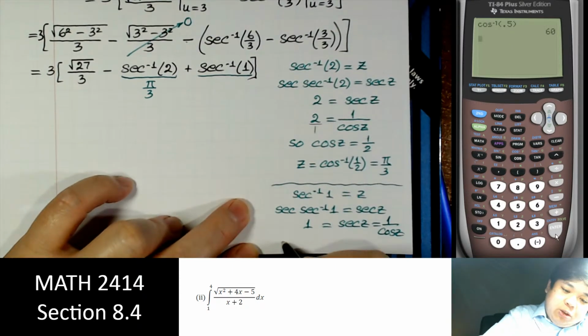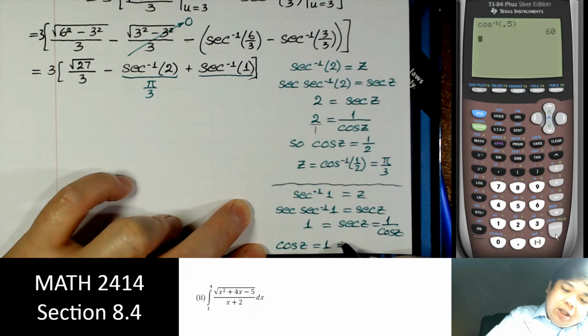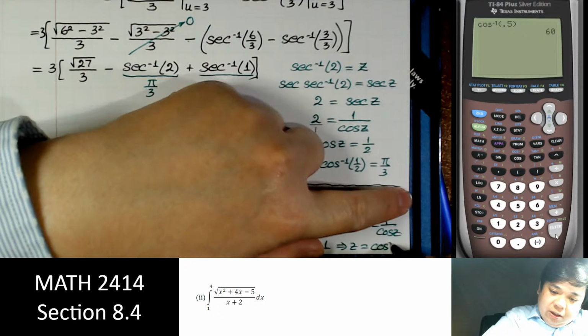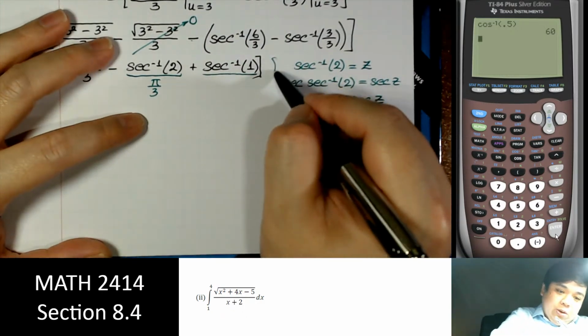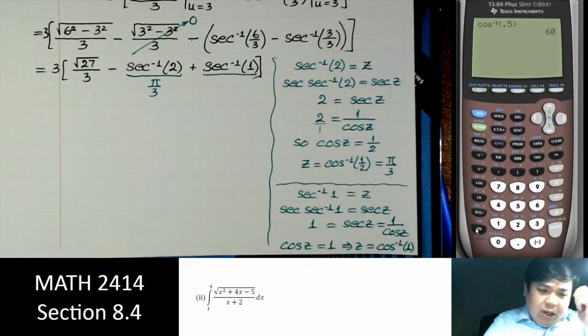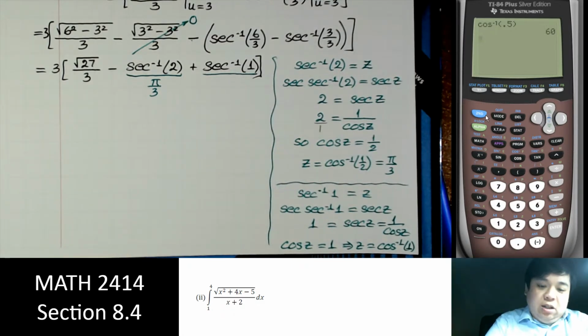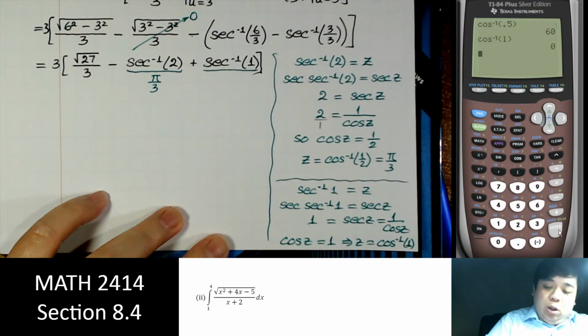So cosine of z is 1. So z is equal to inverse cosine of 1. Those are the calculations, because the calculator doesn't have secant inverse, so we have to go to cosine inverse. That's 45 degrees, by the way, which is pi over 4.